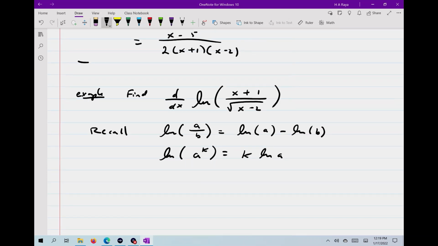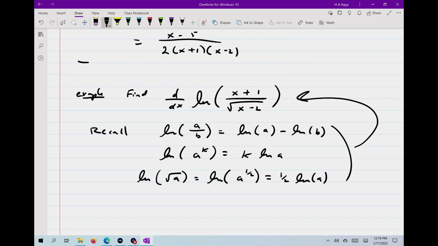And in particular, if we're looking at something like the natural log of the square root of a, well, another way of seeing the natural log of the square root of a would be as the natural log of a raised to the power of 1/2. Then we could take the 1/2, put it all the way in the front, and then simply compute the natural log of a. So we'll be using these three properties to tackle that derivative in a much easier way.